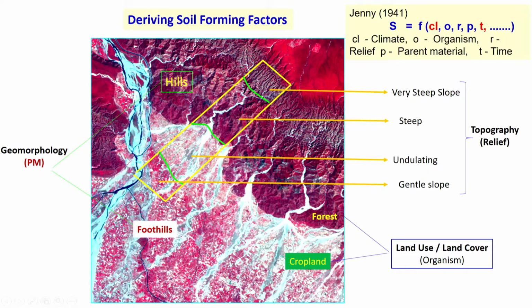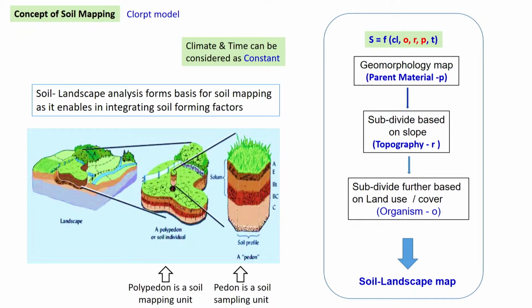So I can generate the soil forming factors map, which we can use for mapping soil. That's why I am saying here that climate and time can be considered as a constant. And what we do in the soil mapping, we call it the soil landscape analysis map.